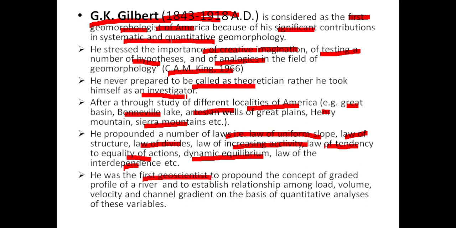He was the first geoscientist to propound the concept of graded profile of river valley and to establish relationships among load, volume, velocity, and channel gradient on the basis of quantitative analysis.